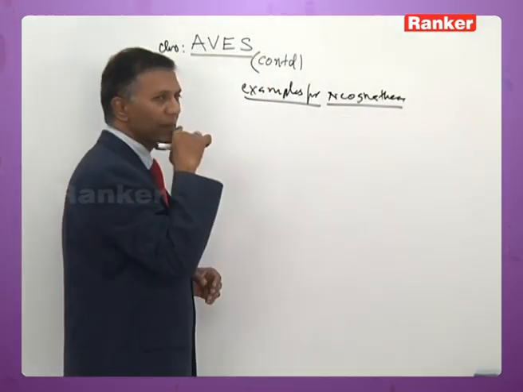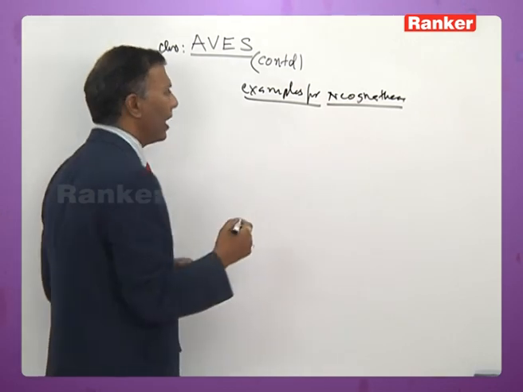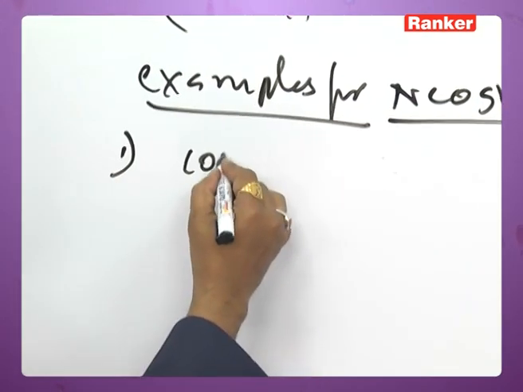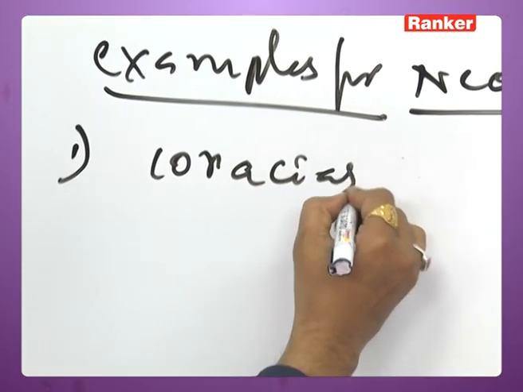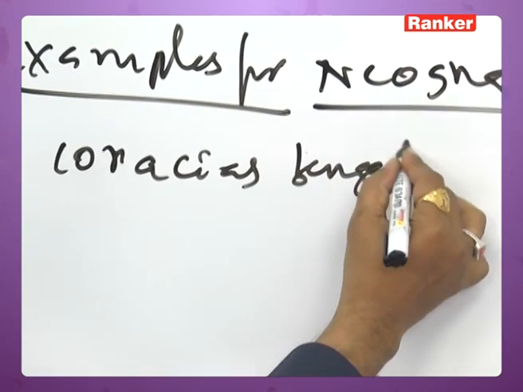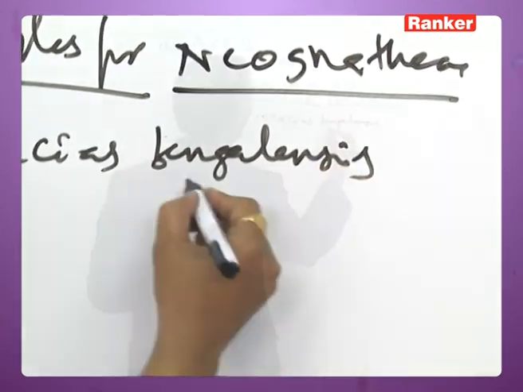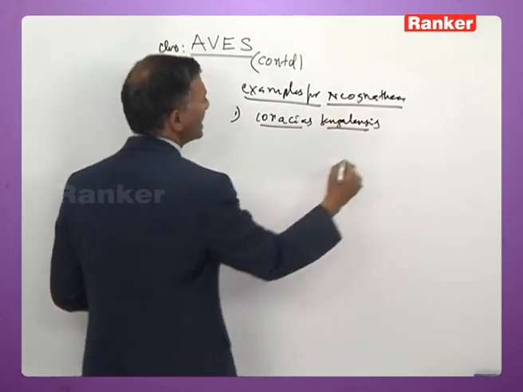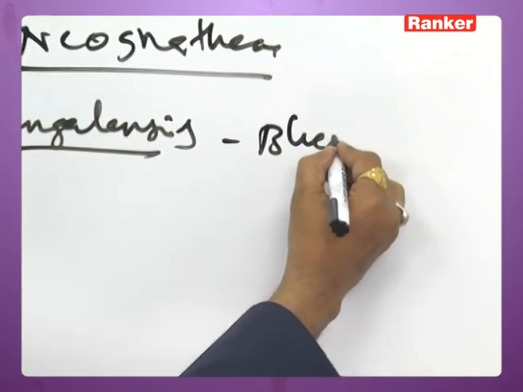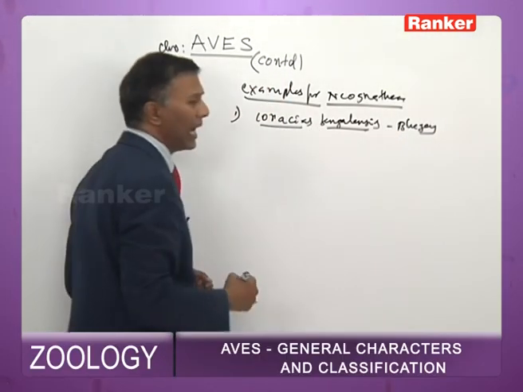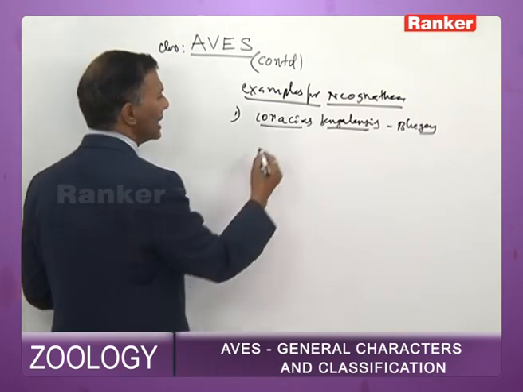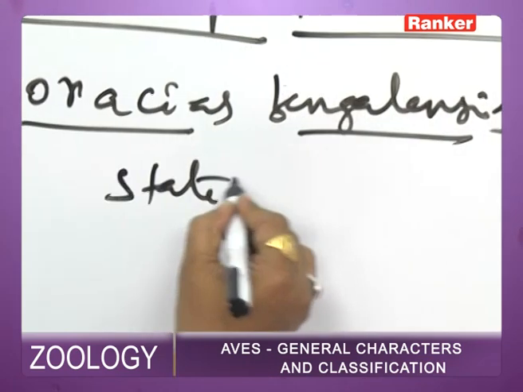The important examples for Neognathae are: number 1, Coracias benghalensis. This is commonly called blue jay, also called Indian roller, and it is declared the state bird of Telangana.